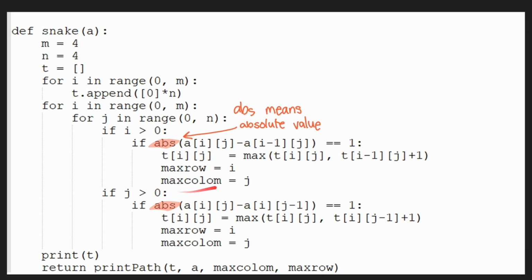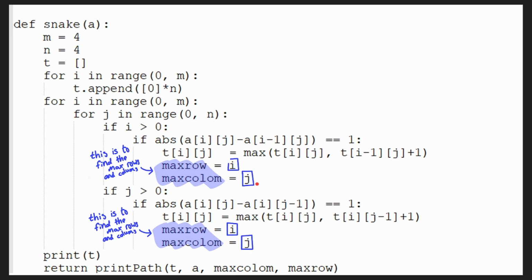You make max row I, as in the amount of rows that you're on, and max column J, or the amount of columns that you're on. And you're doing this so that later on you can use this.